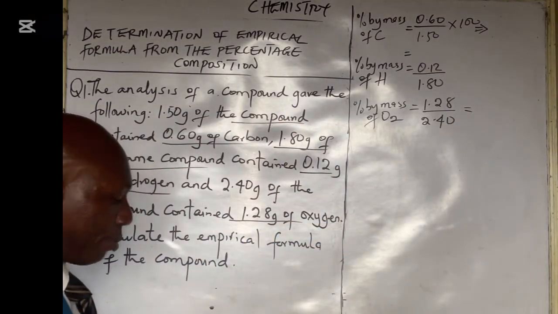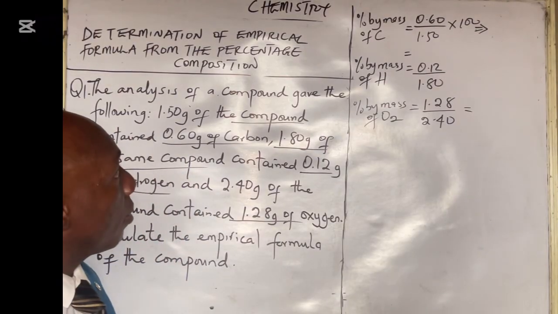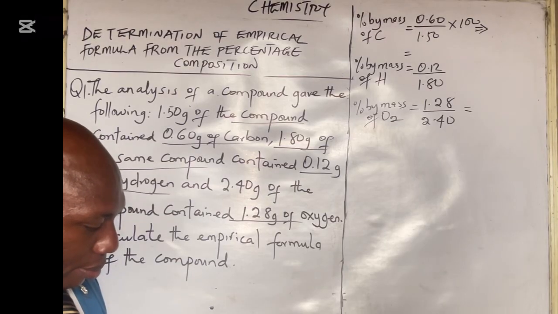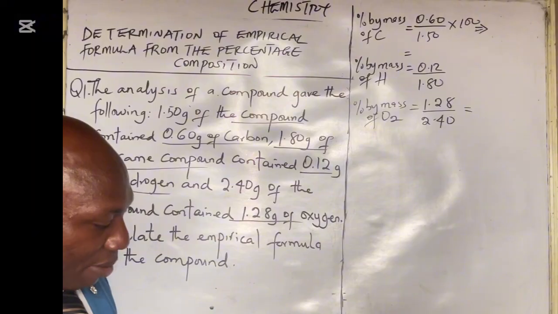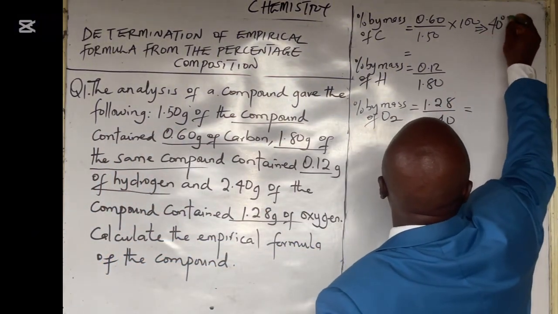The first one is 0.60 divided by 1.5 times 100, so we have 40%.